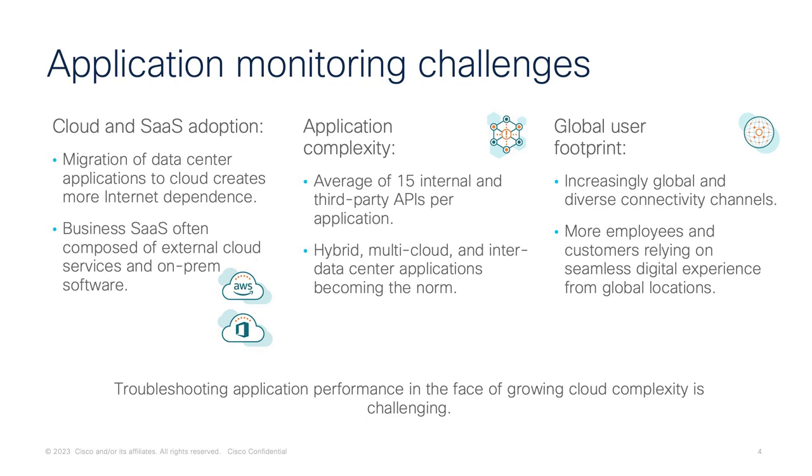Average of 15 internal and third-party APIs per application and constantly changing. Hybrid, multi-cloud, and inter-data center applications becoming the norm. Third, increasingly global users. Need broad visibility and global footprint of vantage points. Testing a frequently changing application is resource-heavy with only browser-based recorders. Increasingly global users and diverse connectivity channels, for example, mobile, broadband, etc.